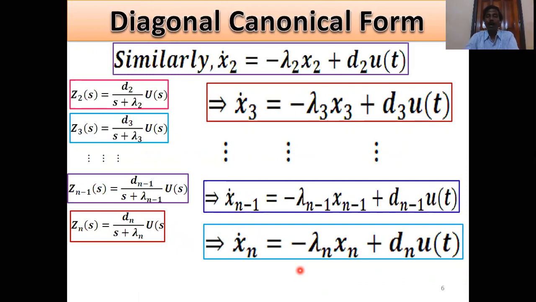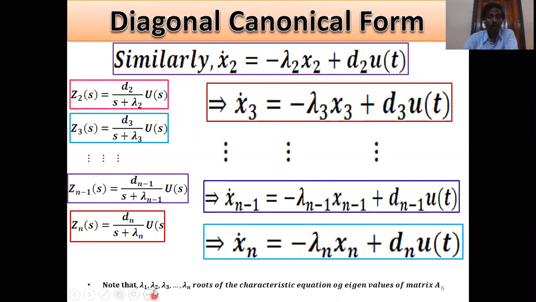So there are n eigenvalues, or n roots, of the system. First root minus lambda 1, second root minus lambda 2, third root minus lambda 3, minus lambda 4, minus lambda 5, and so on up to minus lambda (n-1) and minus lambda n. So these are all eigenvalues, or roots of the characteristic equation.